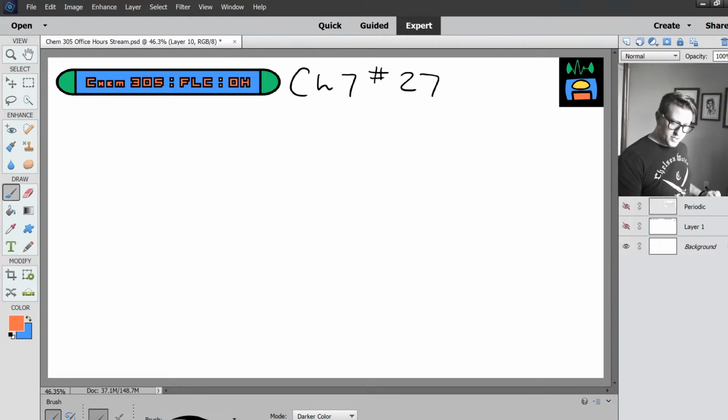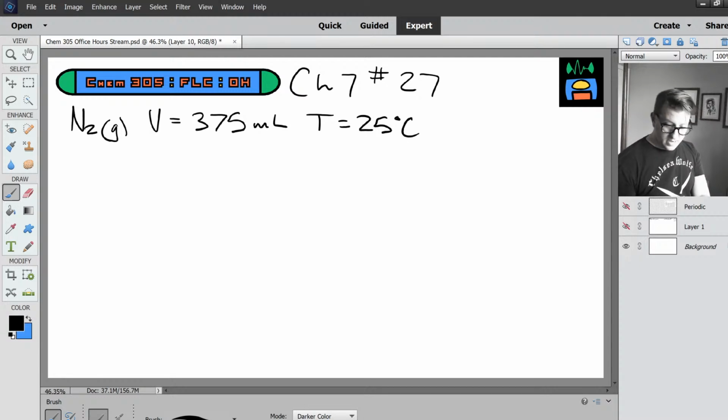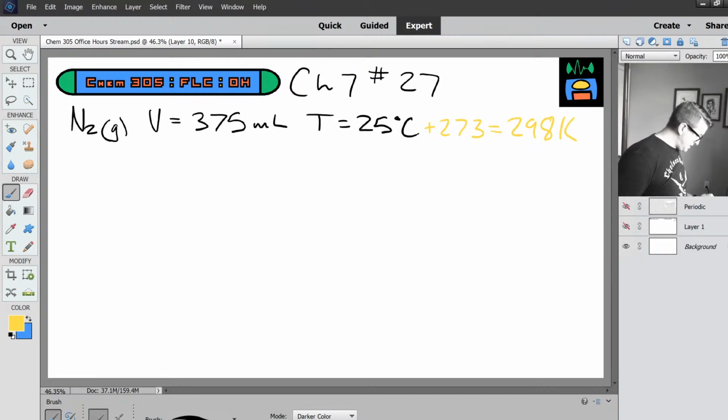So we have a sample of N2 gas that occupies a volume of 375 milliliters at 25 degrees Celsius. Whenever I see a temperature in degrees Celsius in a gas law context, I automatically convert to Kelvin because you're just going to need to at the end of the day.